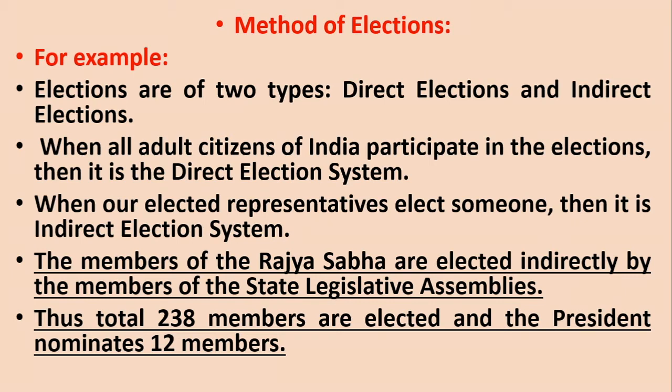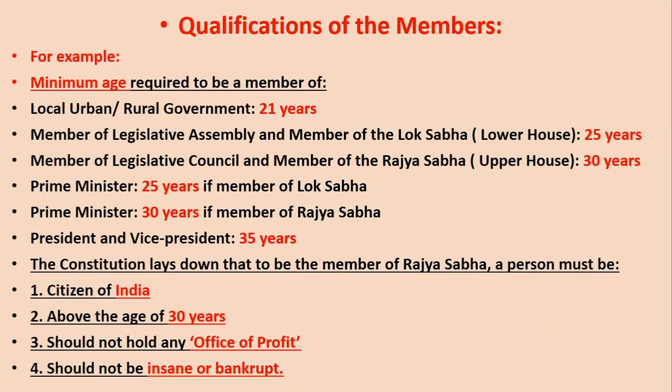Who are involved here? The members who are elected by us. They further elect the candidates who become the members of Rajya Sabha. The members of the Rajya Sabha are elected indirectly by the members of the state legislative assemblies. Thus, total 238 members are elected and the president nominates 12 members.